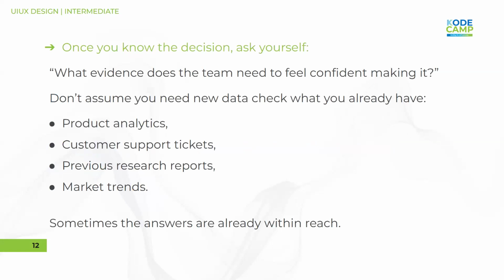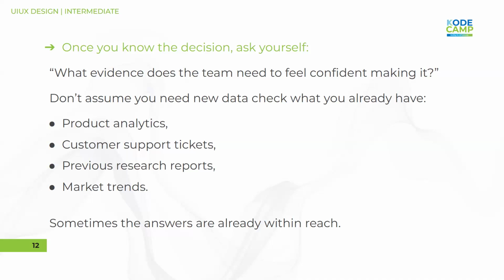Step two is identify the right evidence. Once you know the decision, ask yourself, what evidence does the team need to feel confident making it? Don't assume you need new data. Check what you already have. It could be product analytics, customer support tickets, previous research reports, market trends.